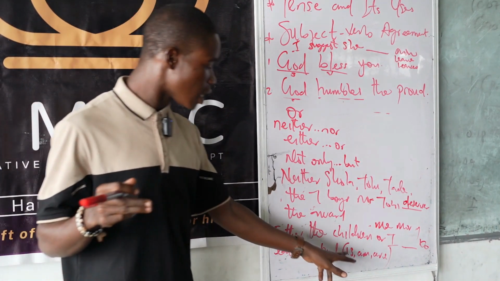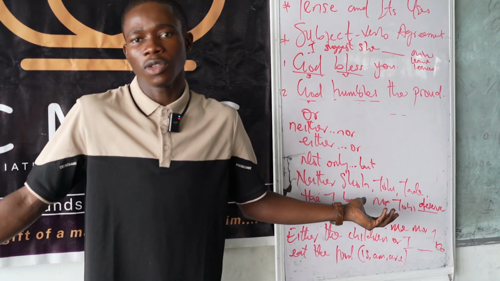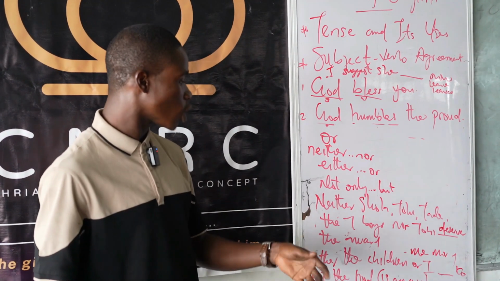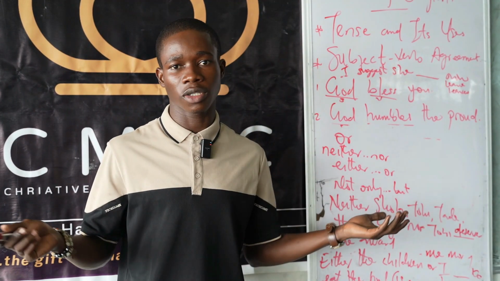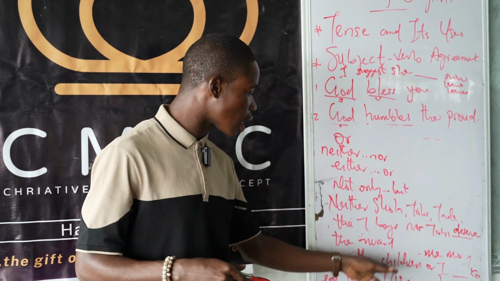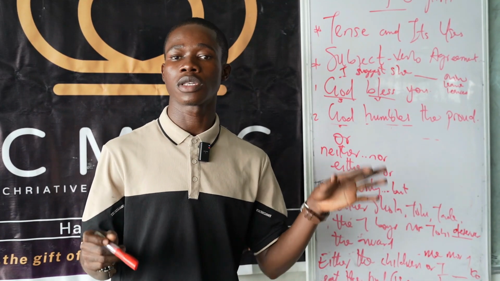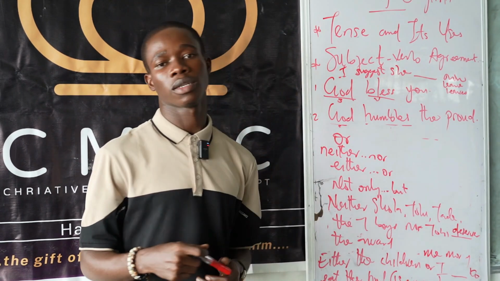You might want to say is, but do you say "I is to eat the food"? No, the auxiliary verb that goes with I is am. So your answer will be: either the children or I am to eat the food. Not is, please. Though both is and am are singular verbs, am goes well with I. If this had been he, then is would be correct.